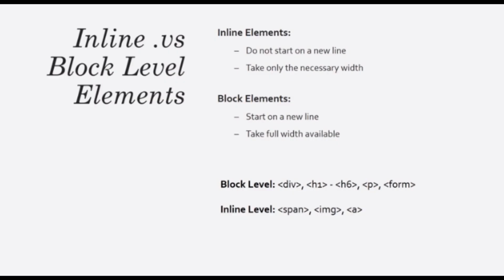Text can be inline or block level. Inline elements do not start a new line and take only the necessary width. Block level elements however start a new line and take the full width of the line. If it's confusing, I will give you some examples. Block level tags are like div, heading, paragraph, and inline ones are like span, images, anchor, and I will discuss all of them.